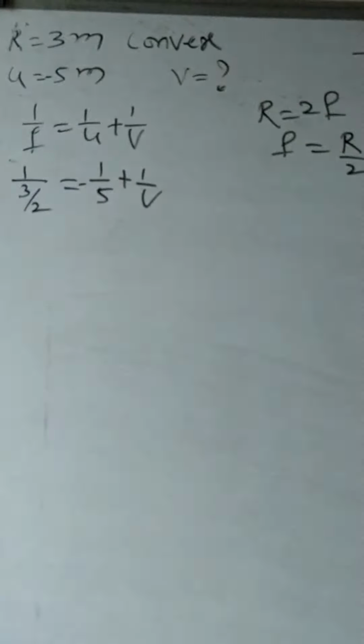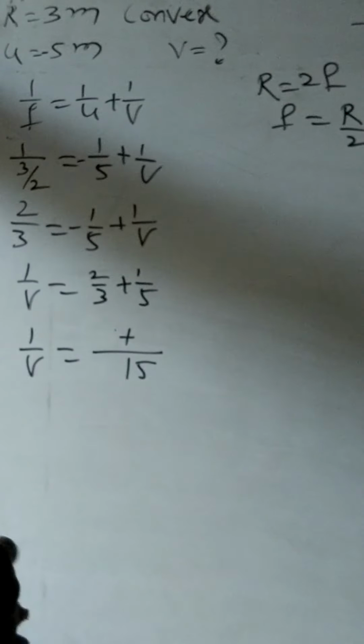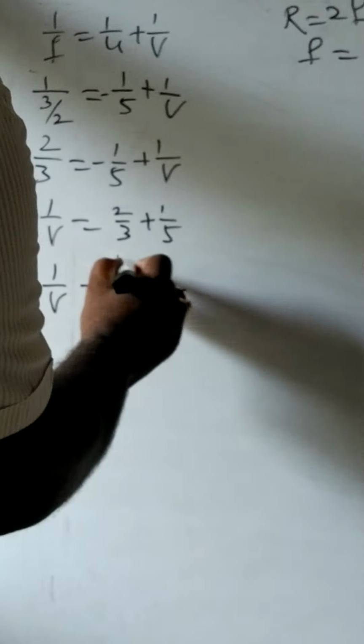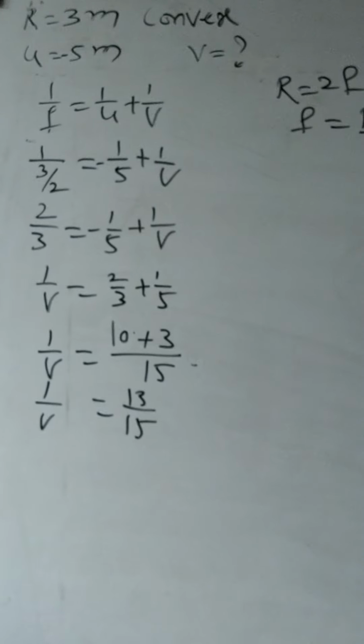Take LCM, 15. 3 5s are 15, 5 2s are 10, plus 3 is 13. So 1 by V equals 13 by 15.